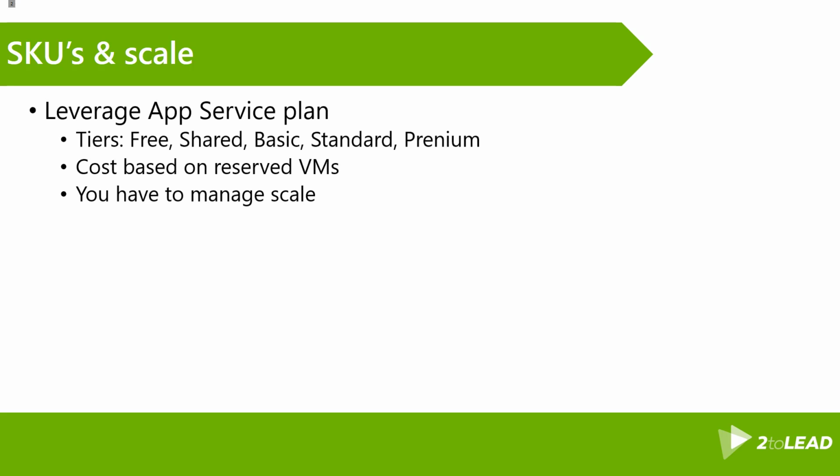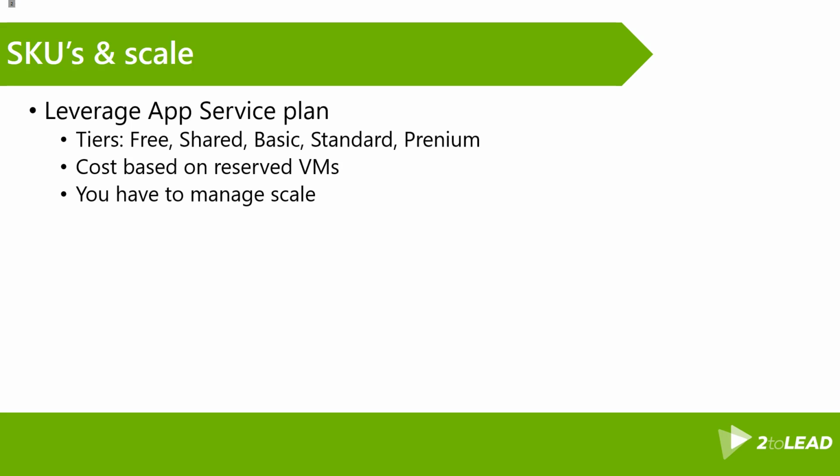Either you leverage an app service plan, so the same thing as the web apps, and keep in mind that Azure Functions are built on top of Azure Web Apps that have been here for years now, and Web Jobs that have been here for years. So it's production ready for the most part, and those come with a hosting plan. So you basically say to Microsoft, I'm going to need something approximately this big.